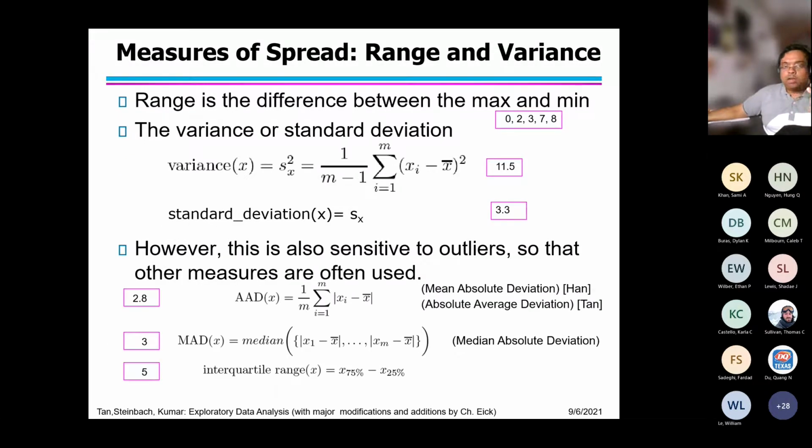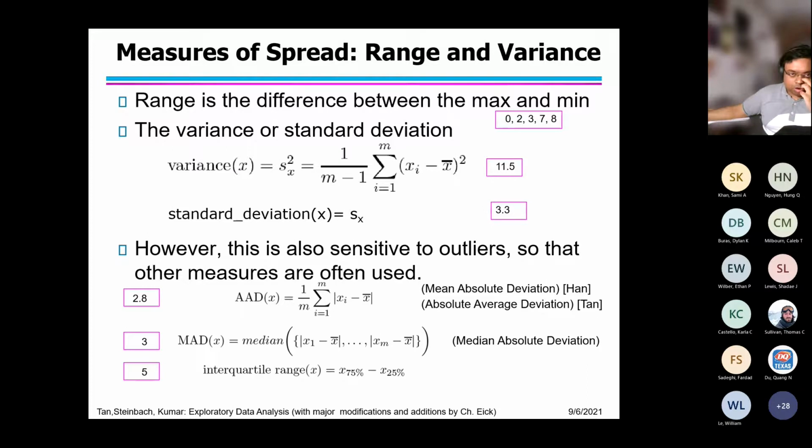The other measures of spread, as opposed to measures of location and central tendency, are range and variance. Range is a very simple concept. From the name itself, you understand that range means how your data is stretched, the difference between maximum and minimum.